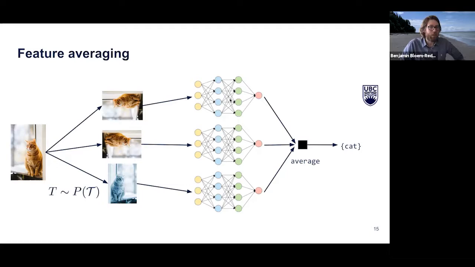Of course we don't make different copies, but this is just a cartoon where, again, we apply different transformations to our input data, and then we average our neural network, and we get this averaged prediction. In practice, typically this averaging is done somewhere internally in the neural network. That's why it's feature averaging. But the idea here is that we're averaging the output of the neural network before we evaluate our loss.